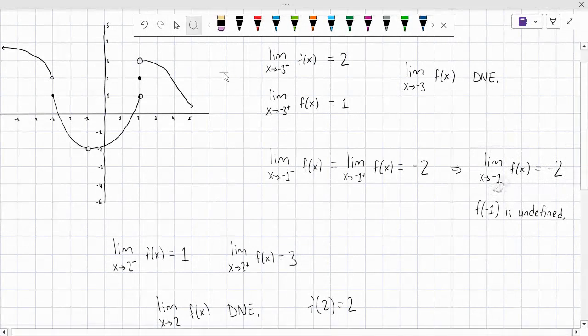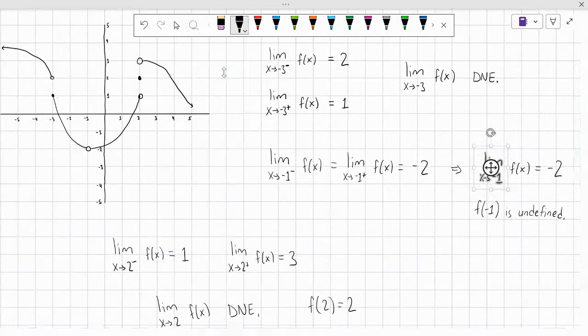Here we're talking about the limit as x approaches -1. So we're letting x get closer and closer to the value of -1, but we're never actually looking at what happens when x is equal to -1. And that's why we don't care about what the function is doing at x equals -1 exactly.